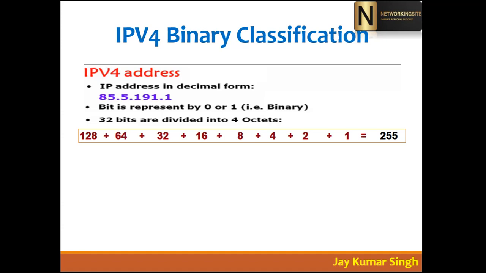Here we have a very normal calculation which I have given to you all. If you are free, you can take your notebook, just to make the calculation easier to understand. If I take one IP address, 85.5.191.1, according to us it is in decimal, right?